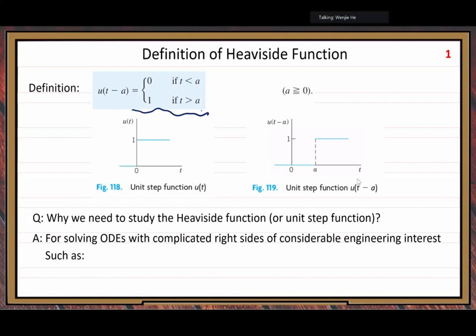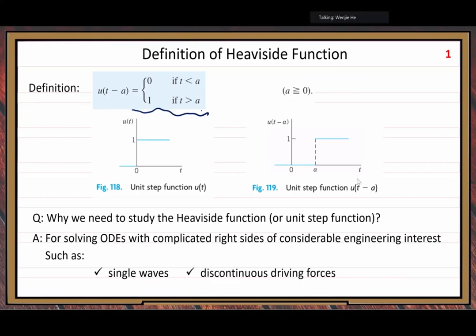One is a single wave. We know waves are periodic functions with many periods repeated. But in engineering problems, single waves are used a lot, only one period of a wave. So that's the single wave, one type.